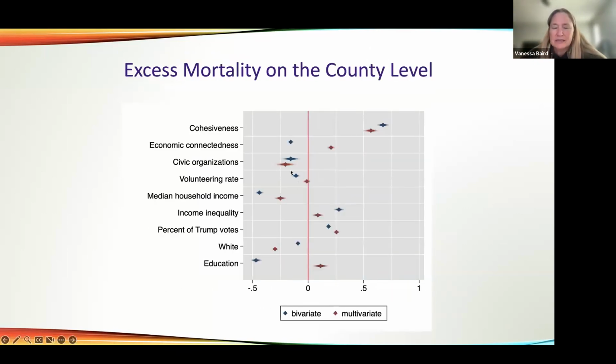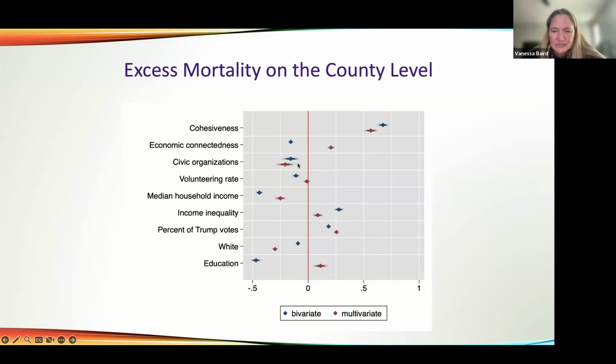And remember, this is at the county level, so the units of analysis here are counties. The cohesiveness of bonds really caused high levels of COVID deaths, probably because they're hanging around with one another, and it could be all kinds of reasons. Economic connectedness brings COVID deaths down, but once you control for some of the other variables, it brings it up.